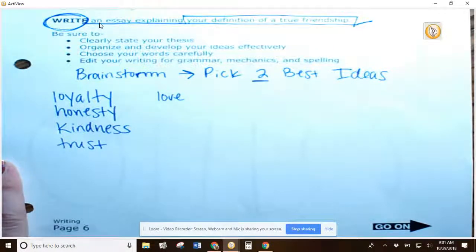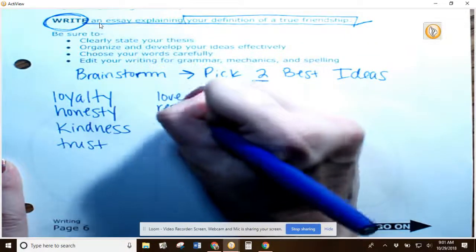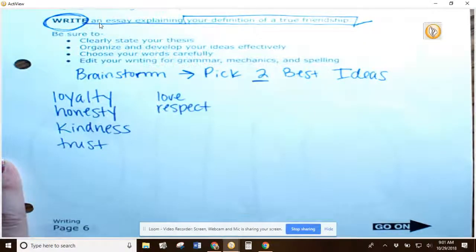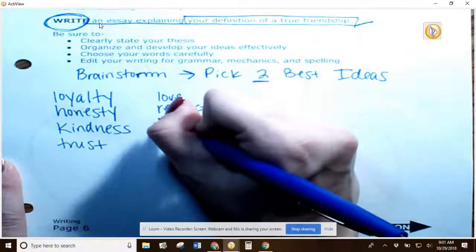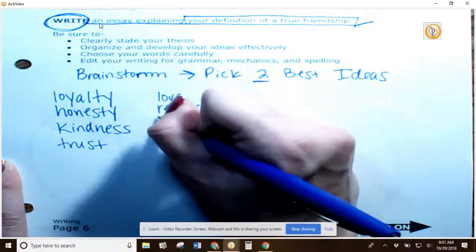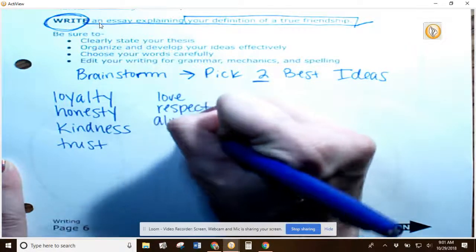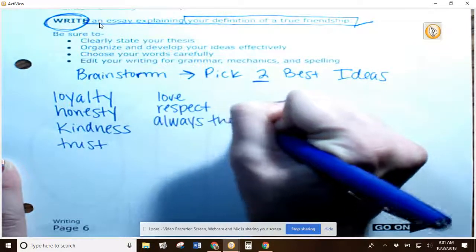What else? Respect. What else? Do you want someone who is always there? Dependable?